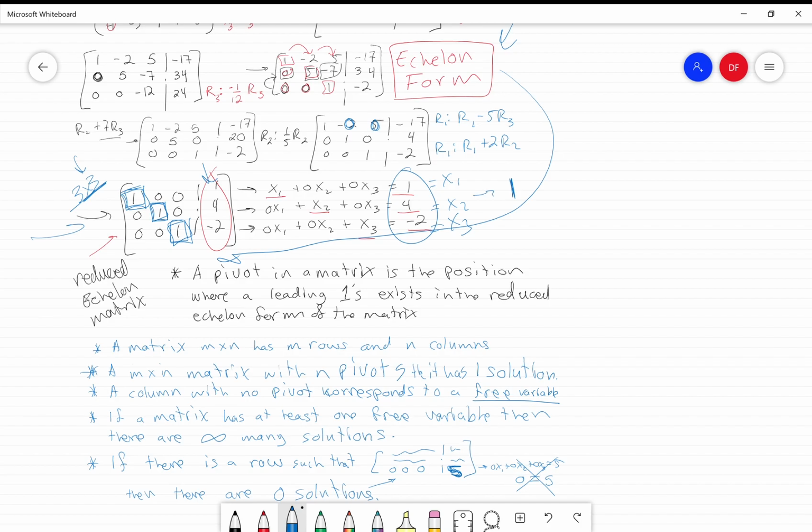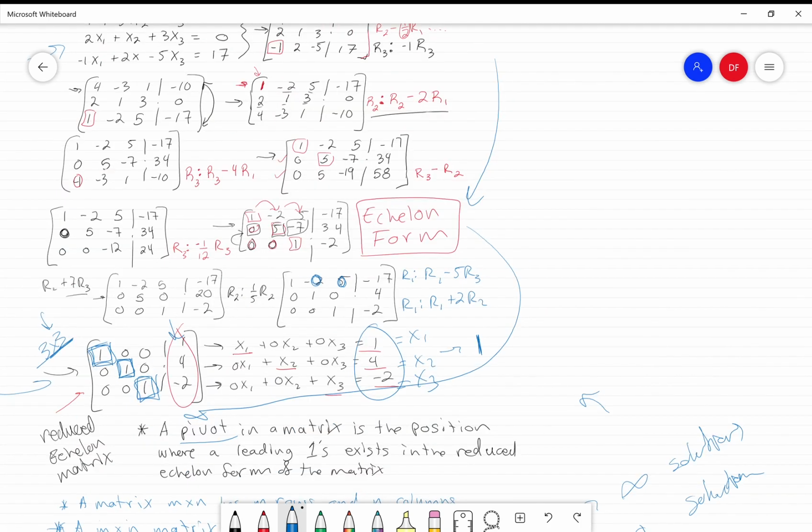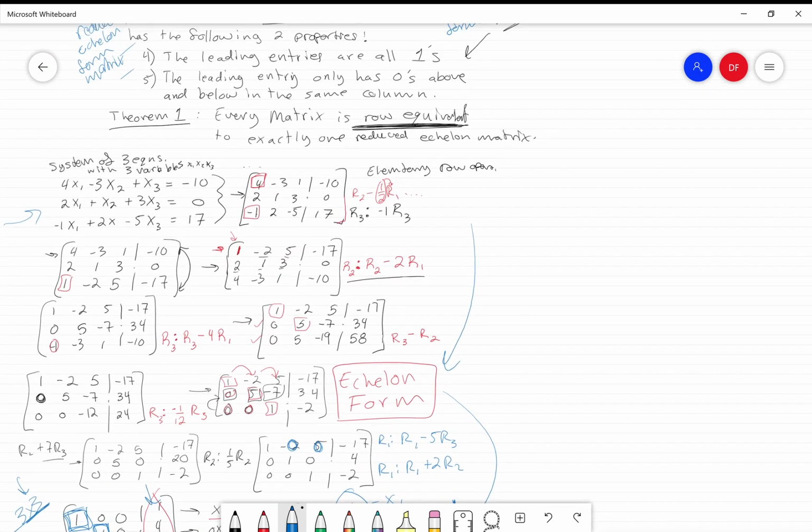In the next video, I will do an example where we get infinitely many solutions, and I will do an example where we get 0 solutions, so you can see it for yourself. Maybe this lecture was difficult because it had a lot of words that you don't understand and that you need to sort of memorize the definition of.